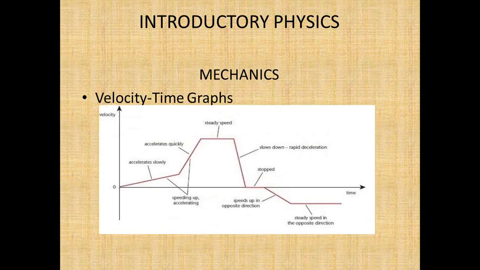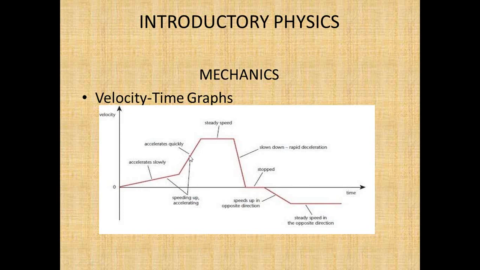All right. So again, you look at the velocity time graph. This is not a very steep curve. So it's slow acceleration. Then it gets steeper. So you can see that this is steeper than that.